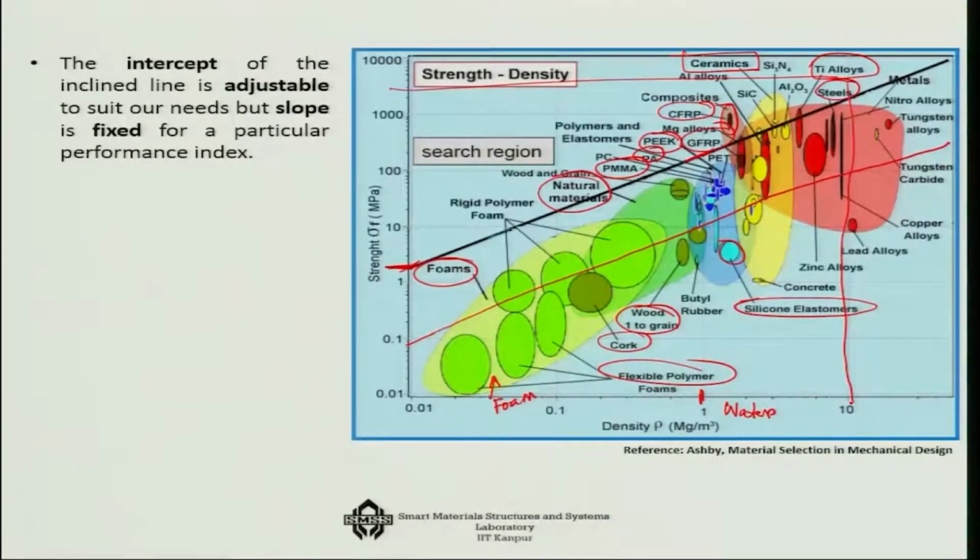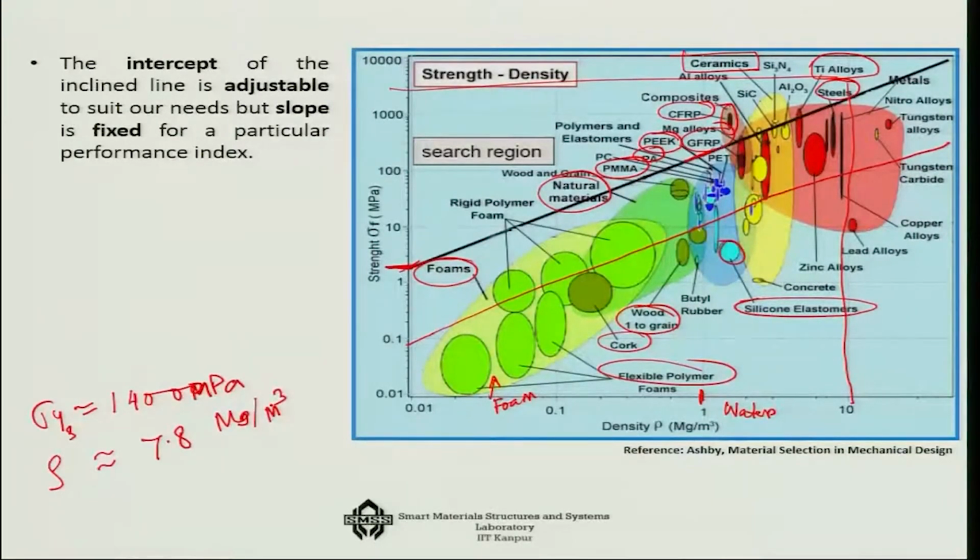So, for example, suppose I go to steel. For the steel, sigma y can go up to something like 1400 MPa, approximately. On the other hand, the density is approximately 7.8 megagram per meter cube.